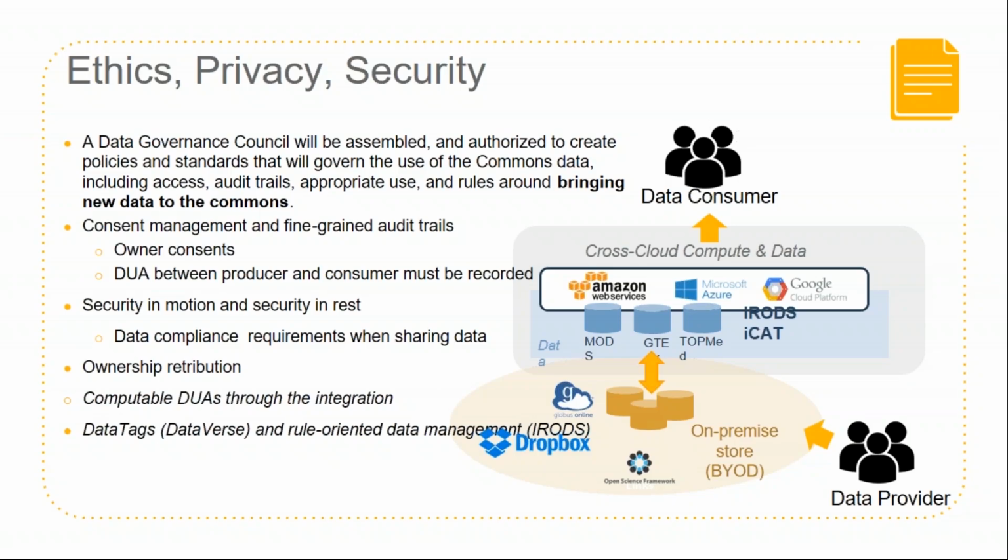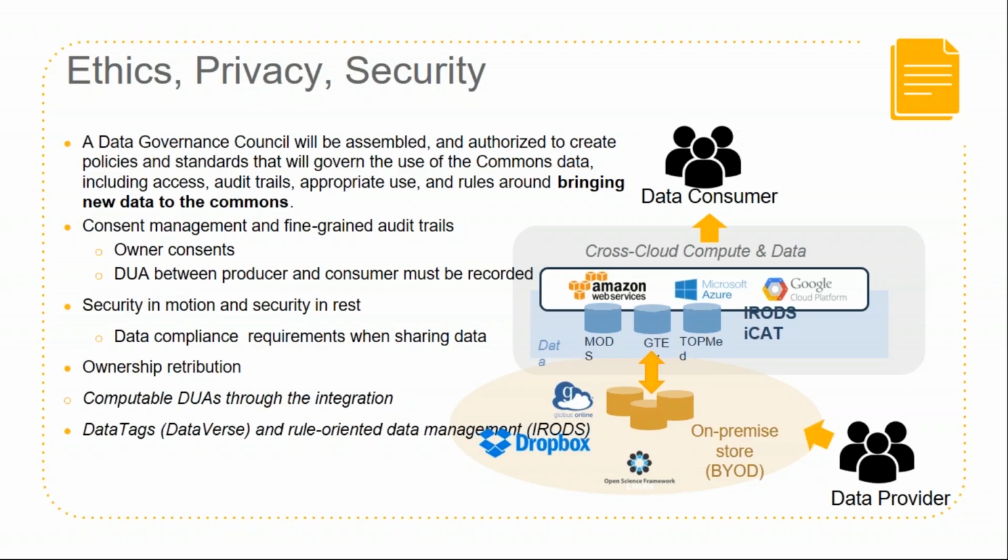Additionally, part of the security, privacy, and ethical piece of this is managing the consents that go along with these studies, and that also requires fine-grained audit trails. We are working on a proof of concept project in collaboration with GA4GH to make computationally accessible data use agreements, so that these data use restrictions can be enforced at the system level.